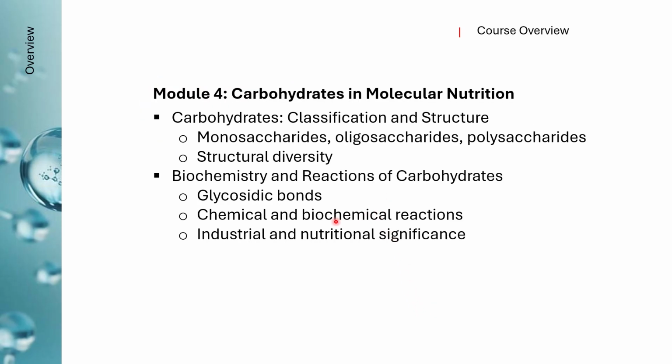In Module 4, we will zoom in on the chemistry of carbohydrates, how they are classified, for example the monosaccharides, what makes the oligosaccharides, how many chains the sugar or carbohydrate must have for you to classify it as a monosaccharide, oligosaccharide, or polysaccharide. We'll look at all that, and at the structural diversity of carbohydrates and the roles this diversity plays in our bodies.